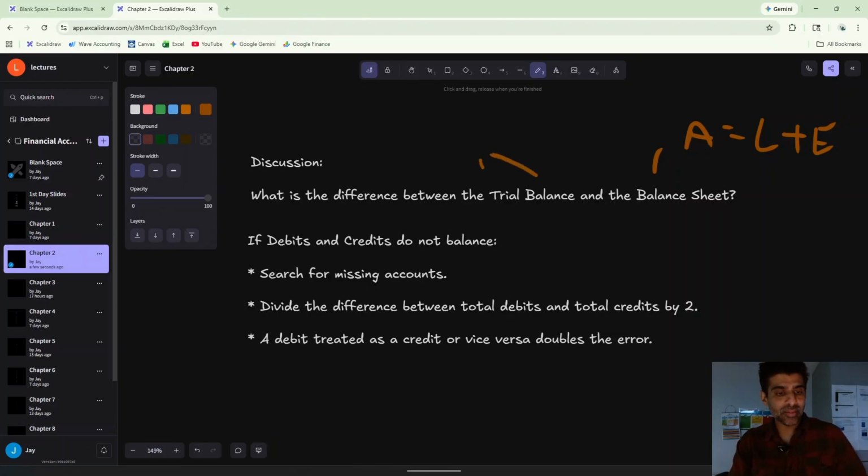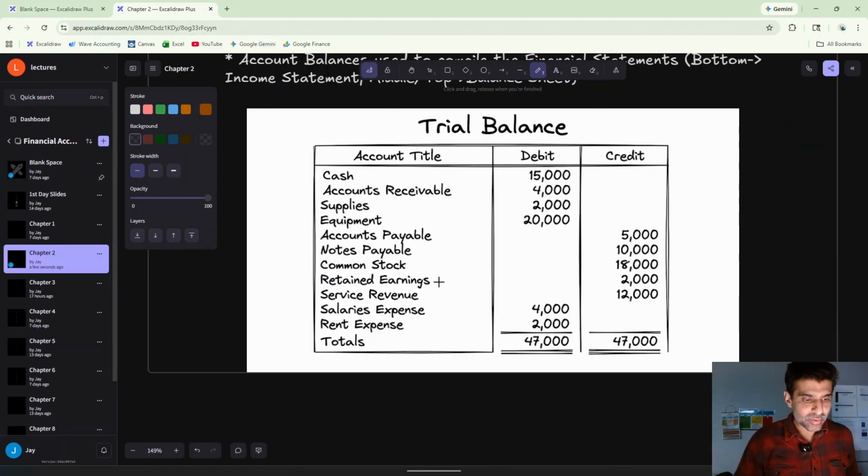The trial balance is going to list all your accounts. It's going to have all the revenue accounts, all the expense accounts, the dividends. It's going to have every single account in your accounting system listed by their credit or debit balance. There's some order to it. So you can see at the bottom here, these are all your income statement accounts.